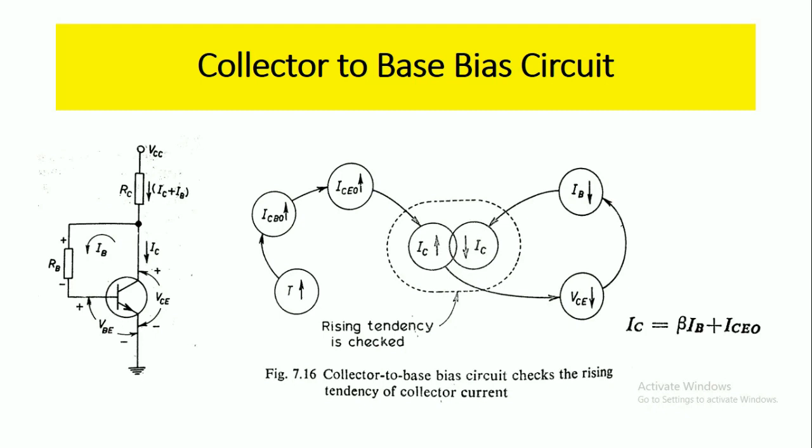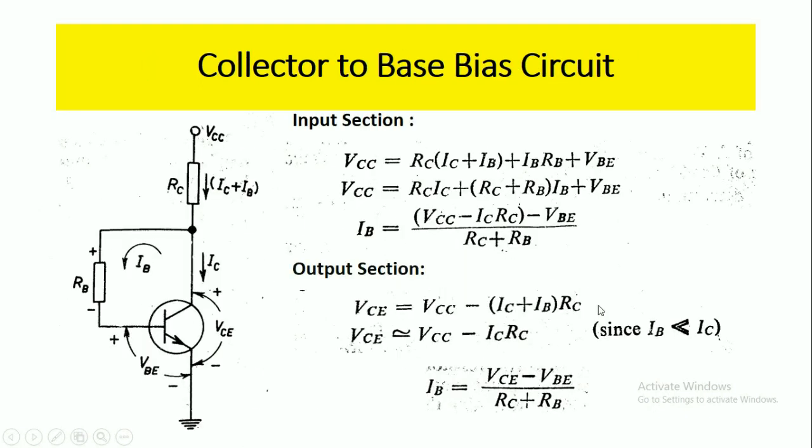But this circuit is not used. Why? Because when the temperature T increases in the collector to base bias circuit, ICBO increases. When ICBO increases, ICO increases. So when ICO increases, the collector current IC also increases. When IC increases, VCE decreases, as in the output section equation.